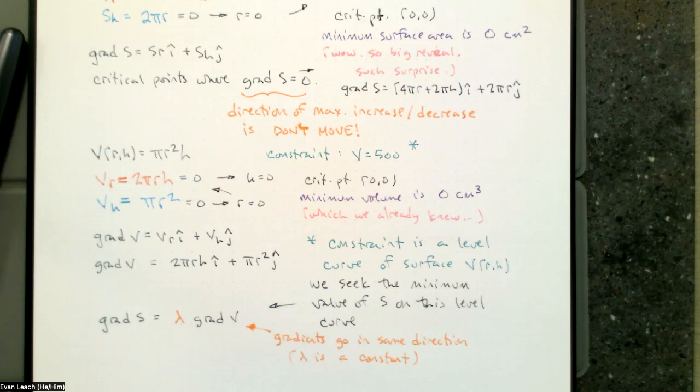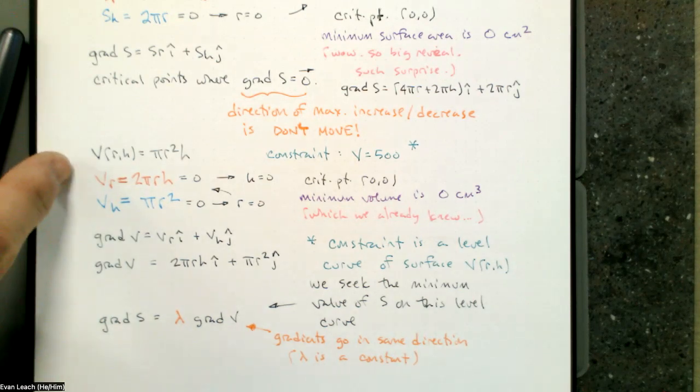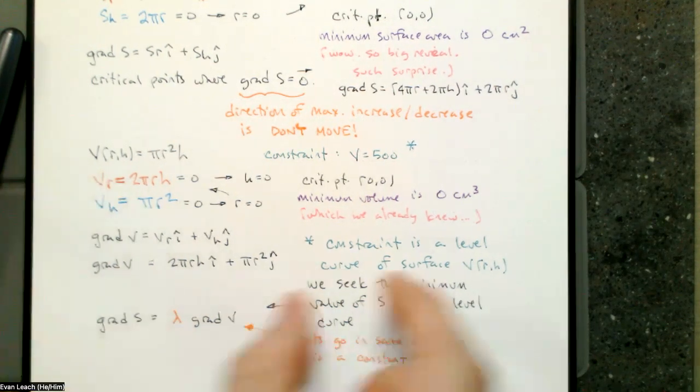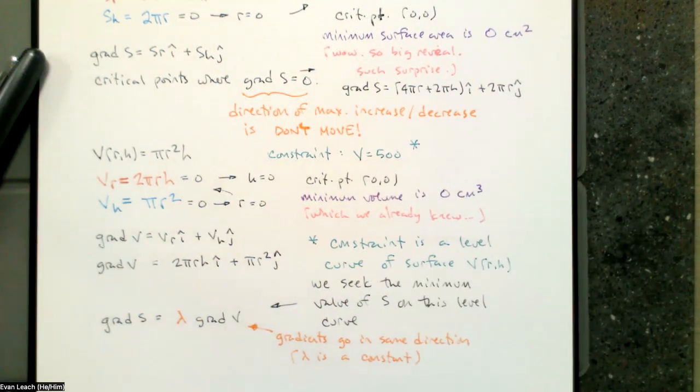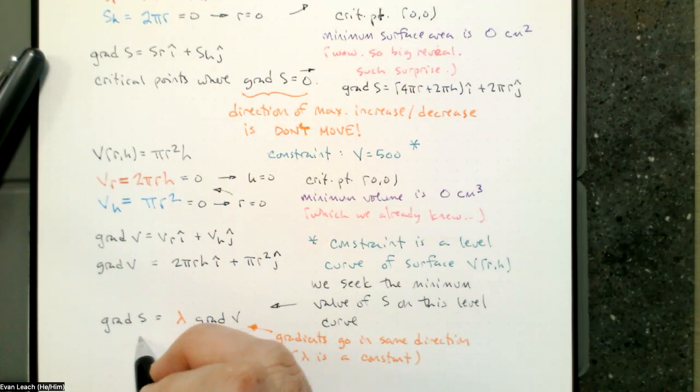Notice that the gradient of V and the gradient of S are both vectors. In particular, the gradient of V does not use that 500 at all, because I set up our function V, and I haven't brought in this 500 at all. So the other thing that we need is that V is equal to 500.